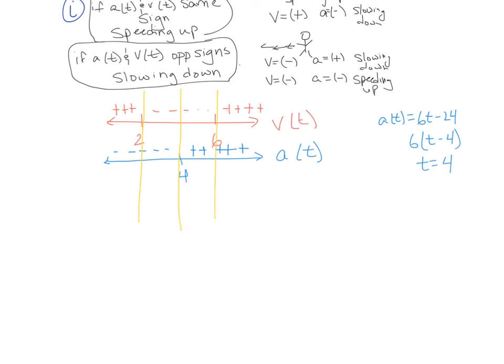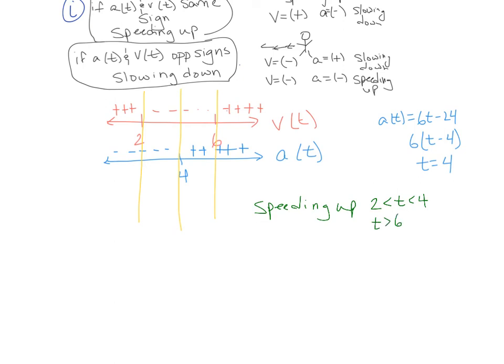So let's write these. So I'm speeding up, and I will use a different color right here to indicate that. I am speeding up where it was the same sign, so that's 2 less than t less than 4, which is between 2 and 4, and when t was greater than 6.